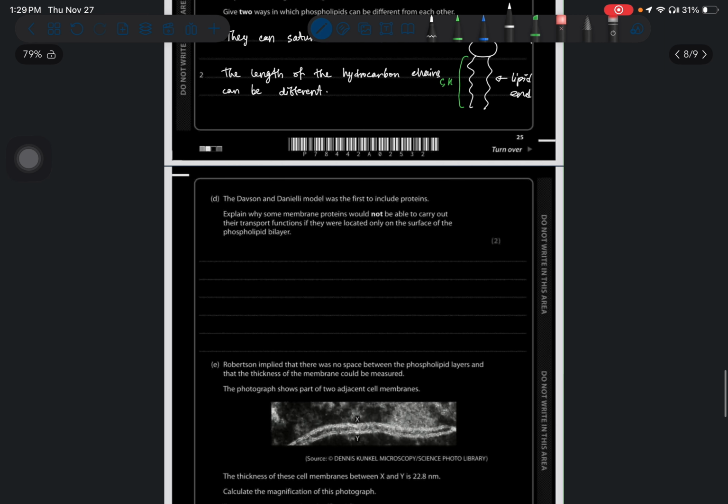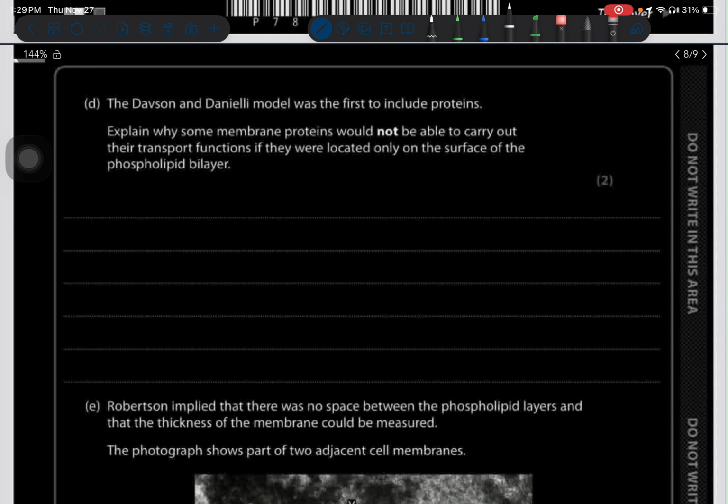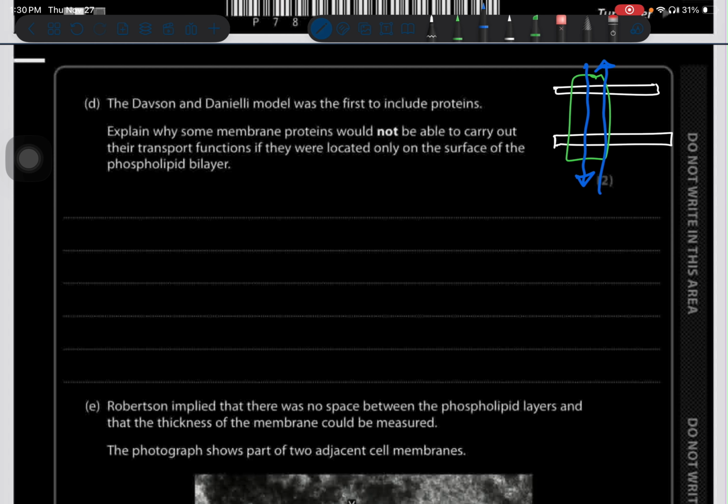Membrane proteins are basically needed for active transport and for facilitated diffusion. They act as channels. So, if this is one end of the cell membrane and this is the other, the proteins will span across it and allow substances to move directly into or out of the cell through its channel.